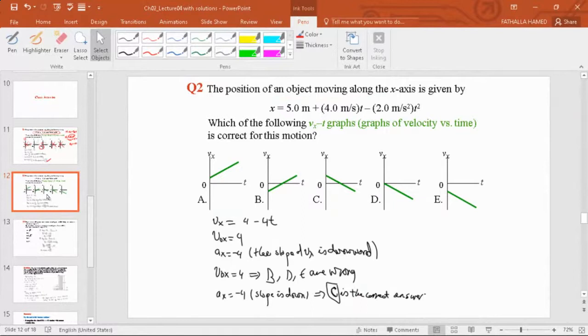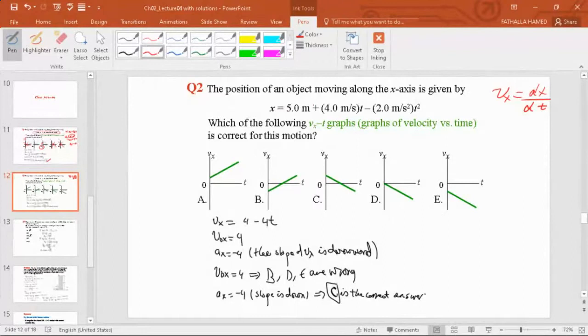Now here, they give you the same equation, and they want a Vx graph to represent this. Now, you know that your Vx is dx by dt.